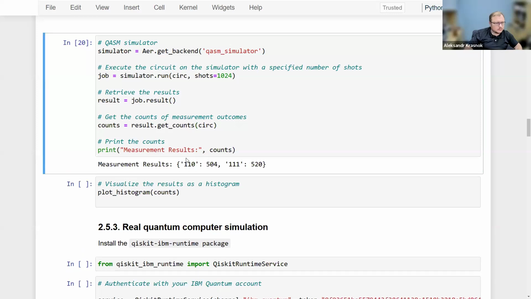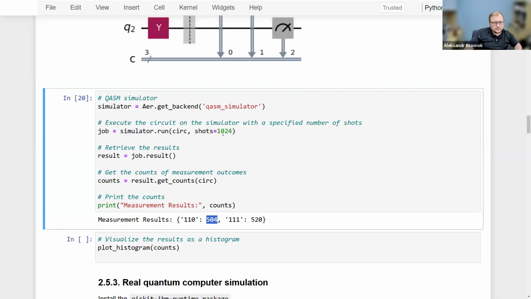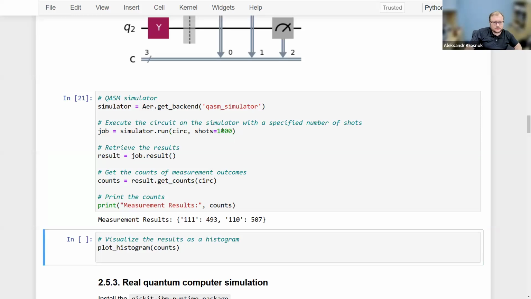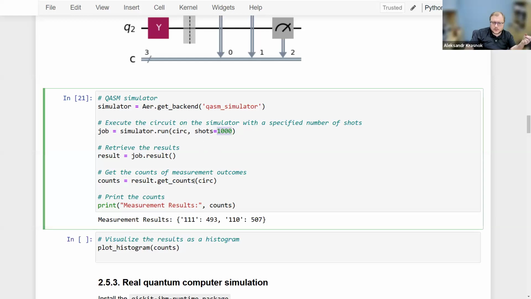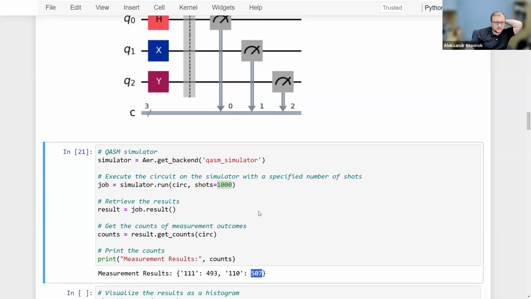So now we see the result. It is out of 1,000 shots. Let me change this number to 1,000. So out of 1,000 runs, it returns me state 111 493 times and 110 507, right?